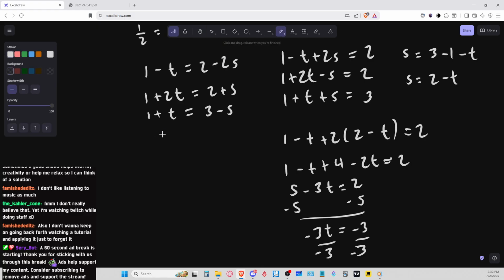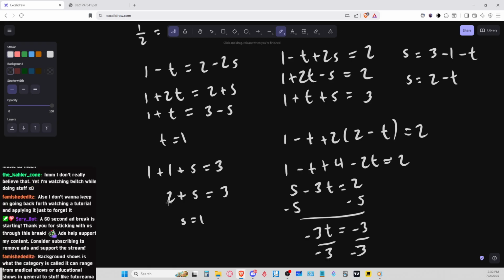So if t is equal to 1 in this case, then that means we have 1 plus 1 plus s equals 3. And we have 2. So then s is also equal to 1. So therefore, let's see if it works.